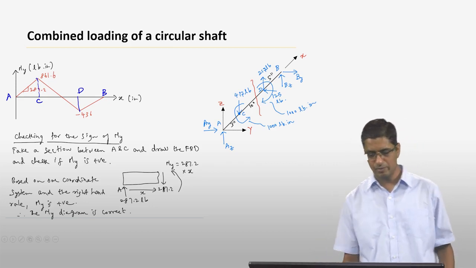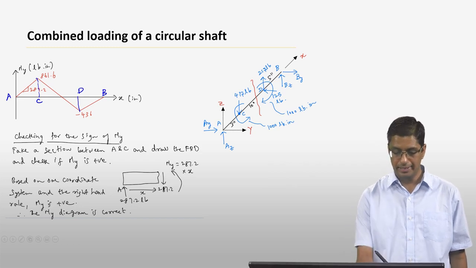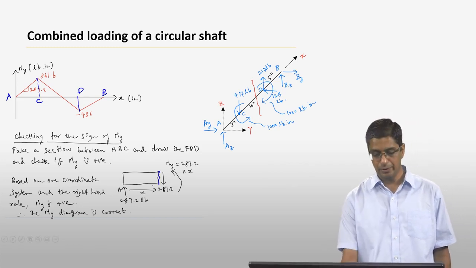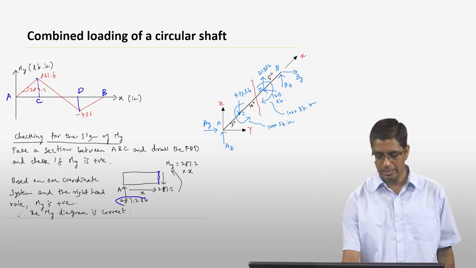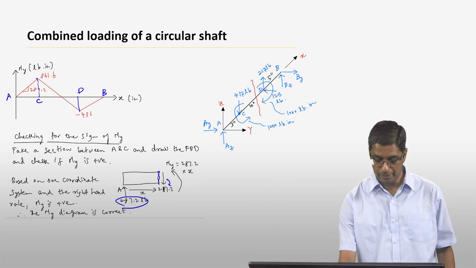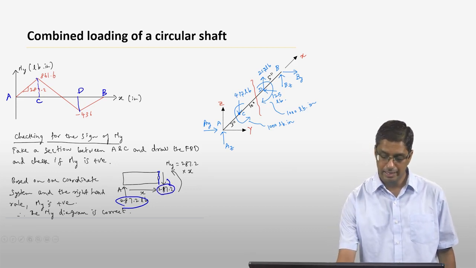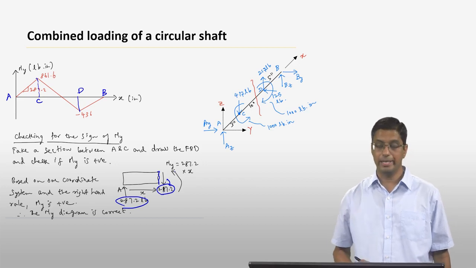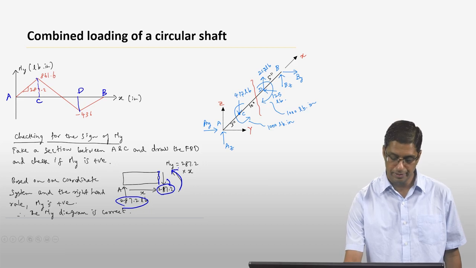So in this case, that is what I have done. I have taken a section between point A and point C, and if you do that, this is your reaction force at point A. So there has to be a shear force of 287.2 at the section that you're taking, and you must have an internal moment going in that particular direction to counter the rotation due to this force here.